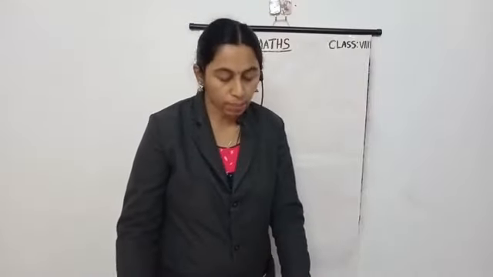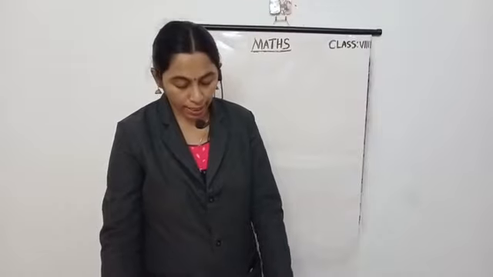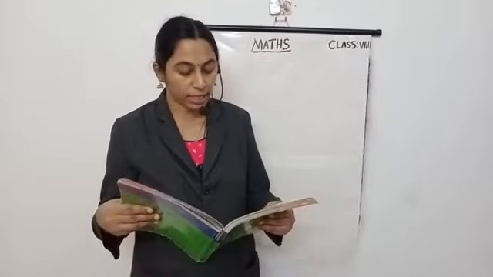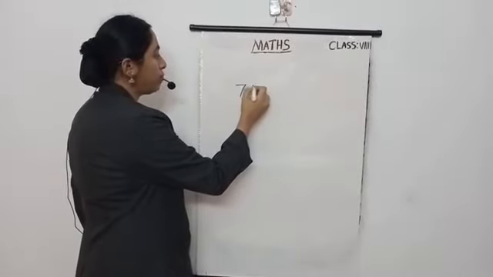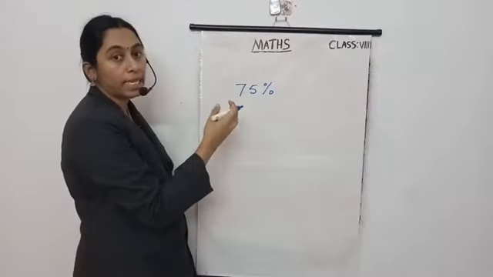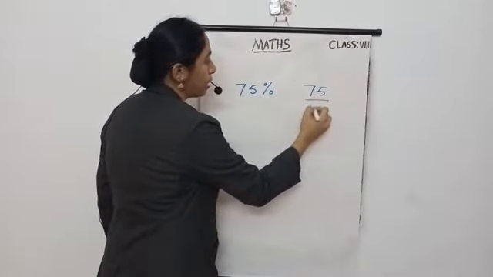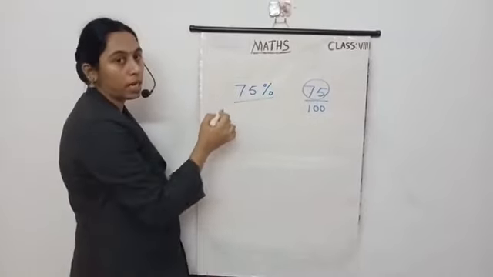And another is percentage, comparing percentage. What is meant by percentage? Percentages are numerators of fractions with the denominator 100. So 75% means it is a fraction with the denominator 100, and this numerator is the percentage. Understood?